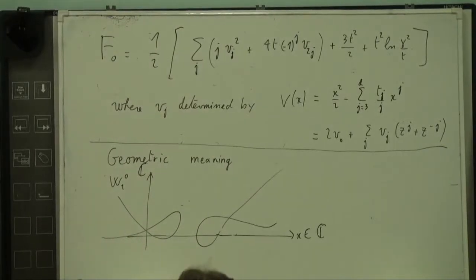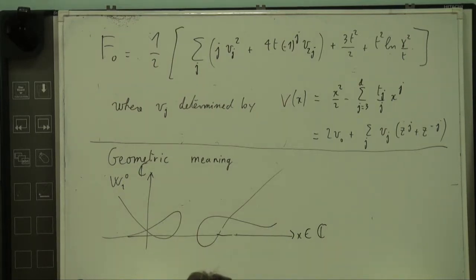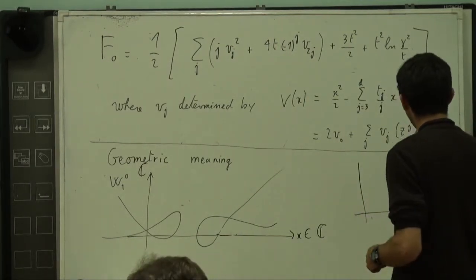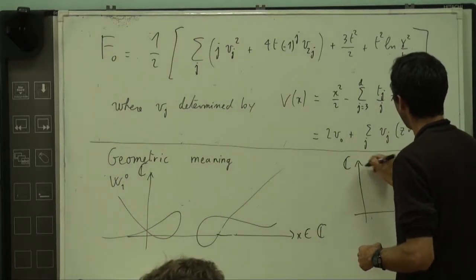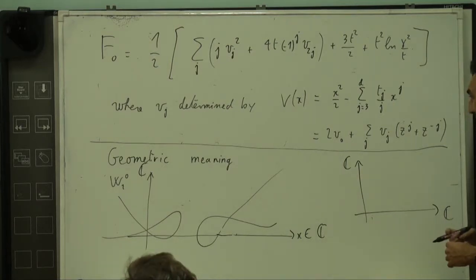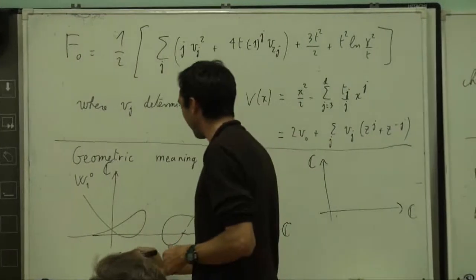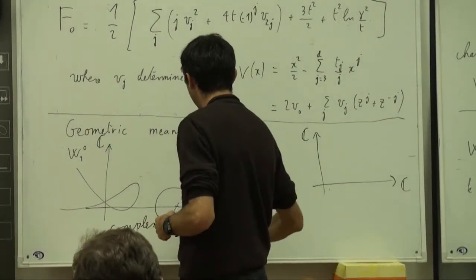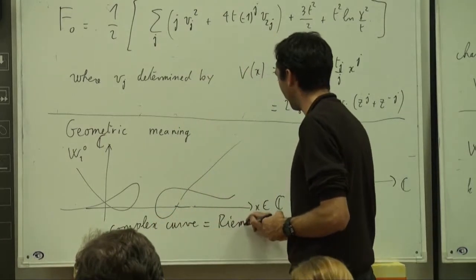So in a four-dimensional space C cross C, what you get is a dimension 2 manifold. In fact, what you get is a surface. This is called the complex curve, which is in fact a Riemann surface.